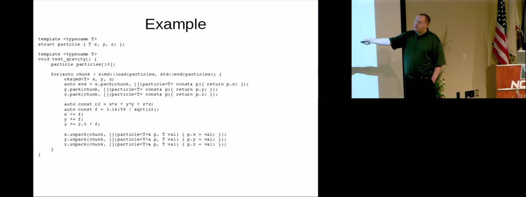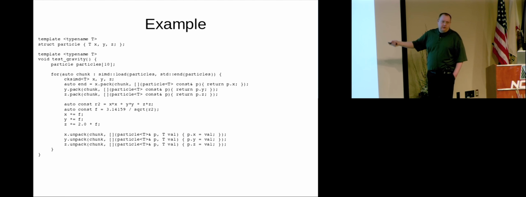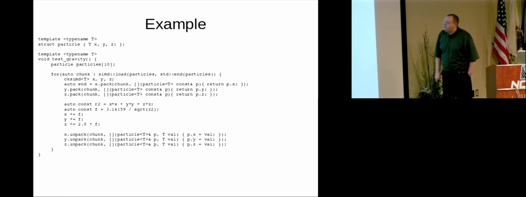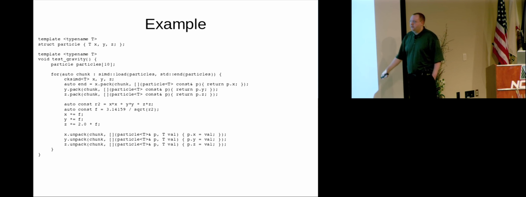So there are n particles in this chunk, and then for each particle, I want to pull out its x position and stuff it into a SIMD vector. And then for the y positions, pull those out and stuff them into a SIMD vector, and so on and so forth. So we're taking our array of structures format and we're packing the individual components into SIMD vectors. This is effectively our AOS to SOA structure conversion here.